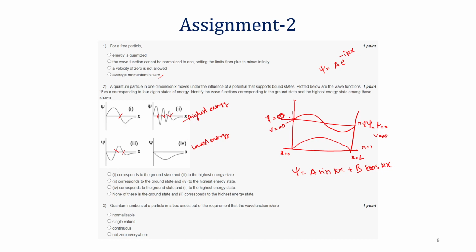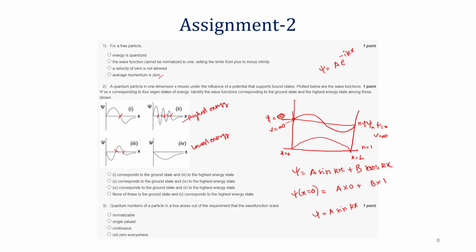Here the psi is 0 at the boundary. So at x equal to 0, a into 0 plus b into 1, so b becomes 0, and psi is equal to a sin kx. That's what we do in the particle in a 1D box. So from the boundary condition, a is there.